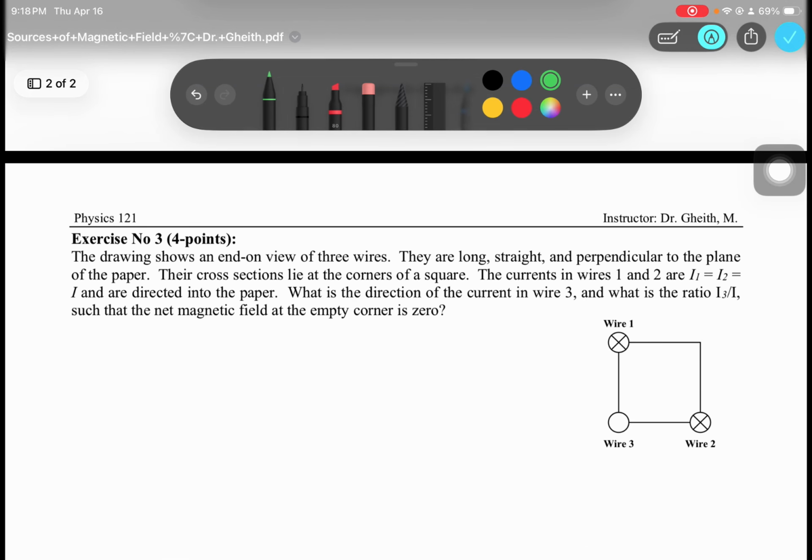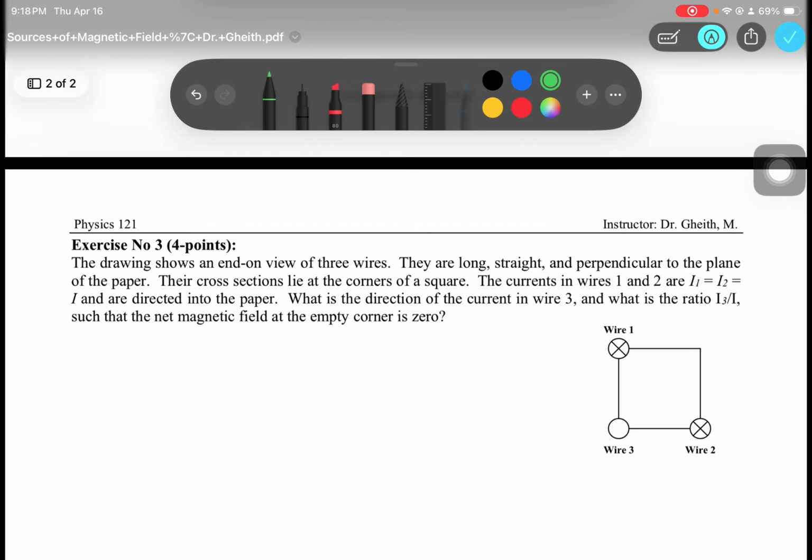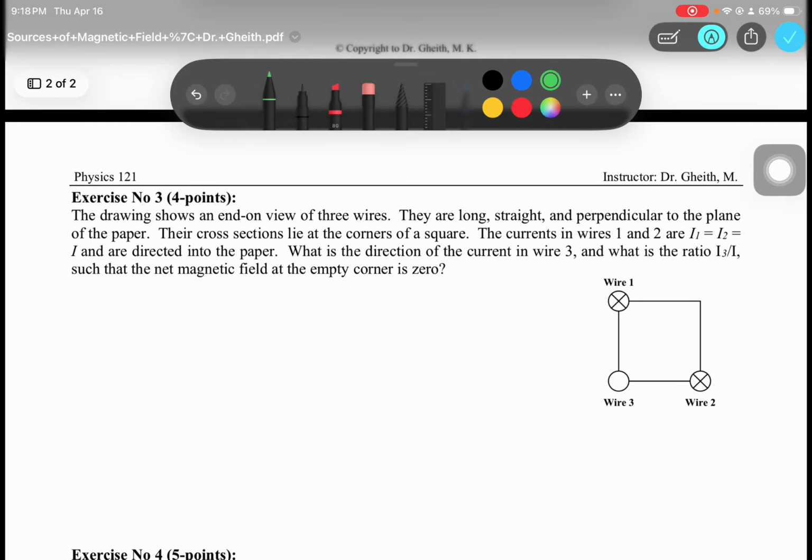We're going to go to exercise 3. Exercise 3 is a little bit complicated. The formula for this one is B is equal to mu naught I by 2 pi r.